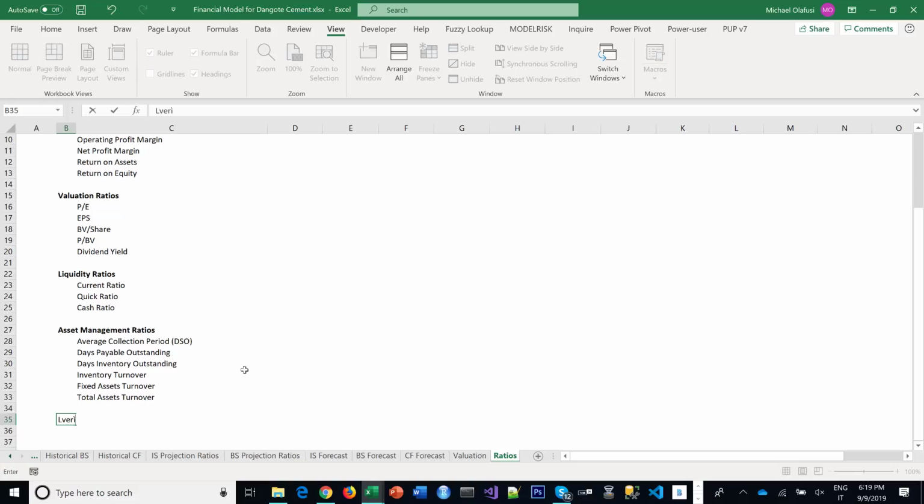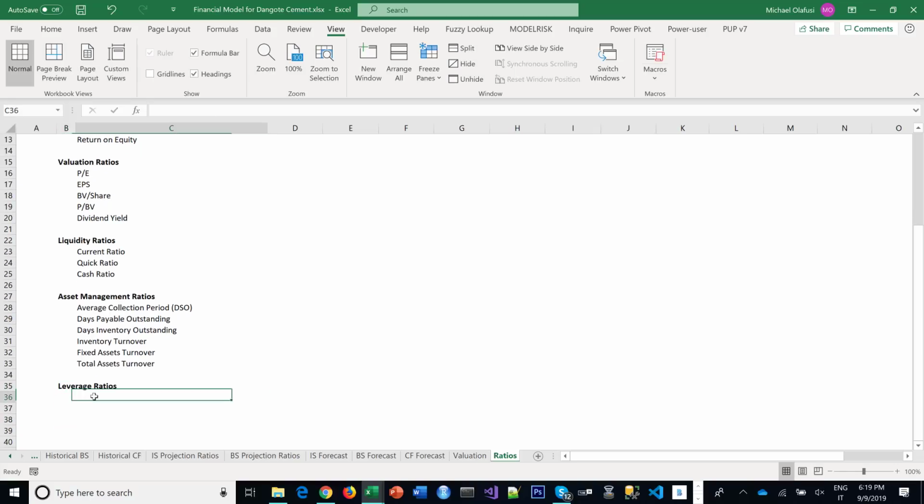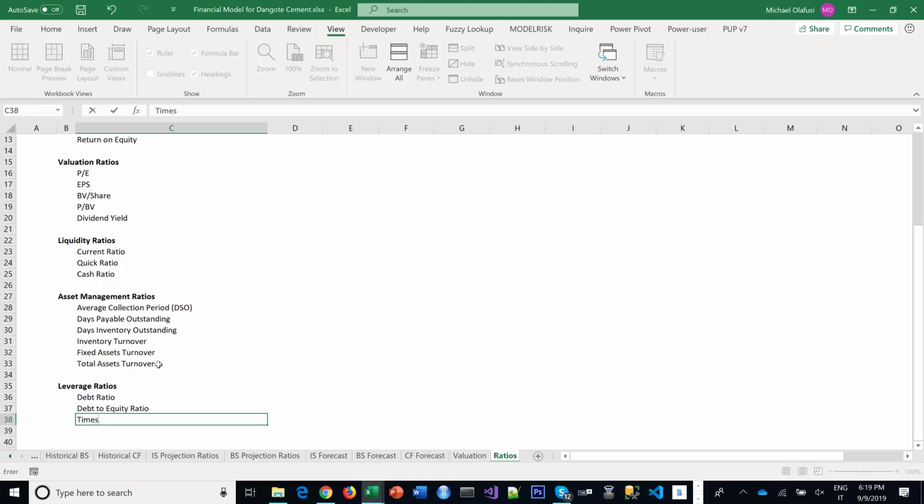There is also leverage ratios. So there is the debt ratio, there's the debt to equity ratio, there's the times interest cover, or times interest earned.